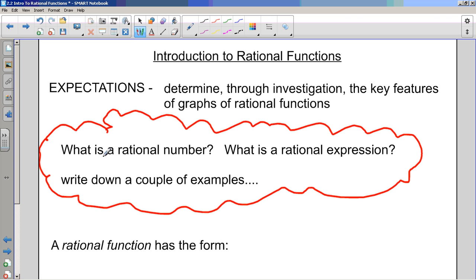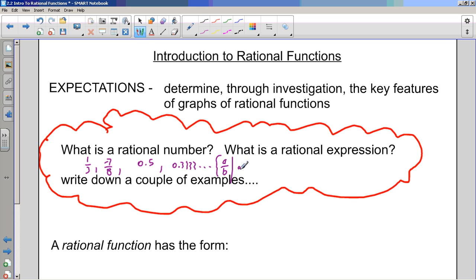What is a rational number? Well, a rational number, you'd think of things like a third and, you know, negative 7/8 and so on. But it's also things like decimals, even repeating decimals. In fact, it's anything that can be written as a over b, where a and b are both integers.